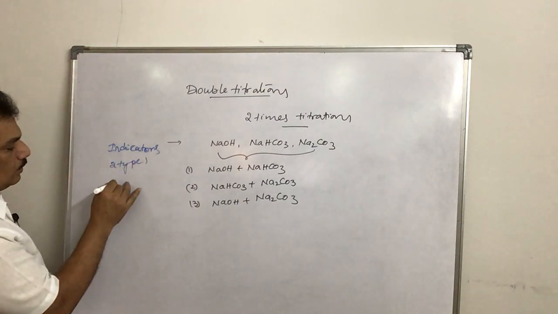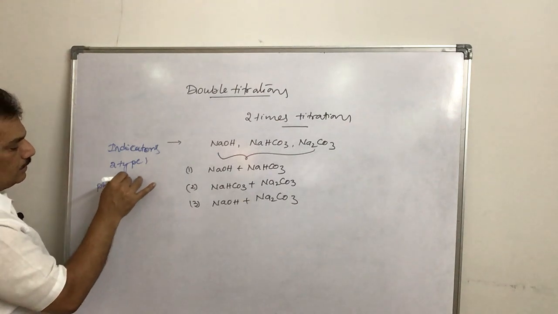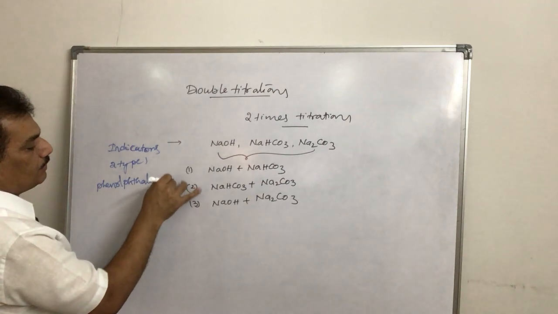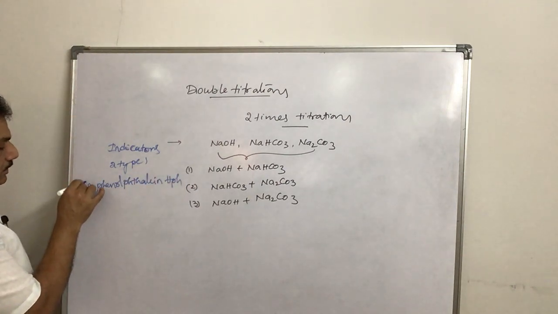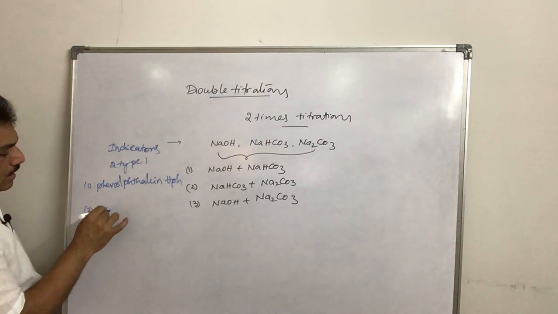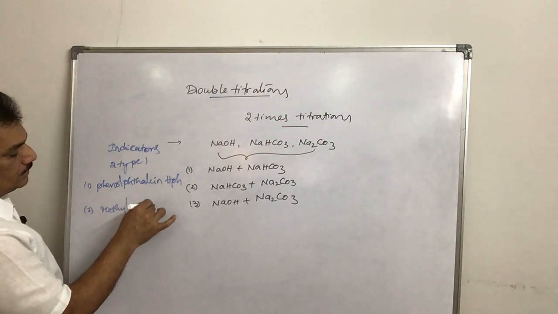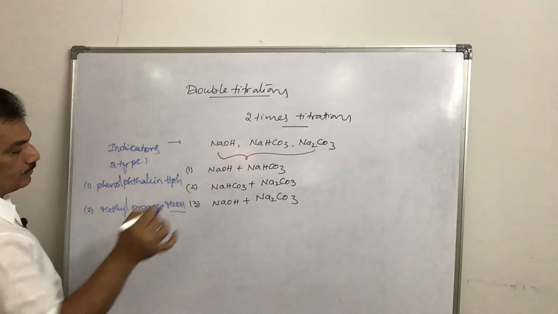One is phenolphthalein. It is represented with HPh, just remember. And the second one is methyl orange, and it is represented with MeOH.